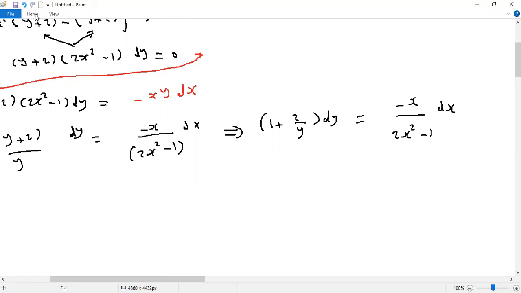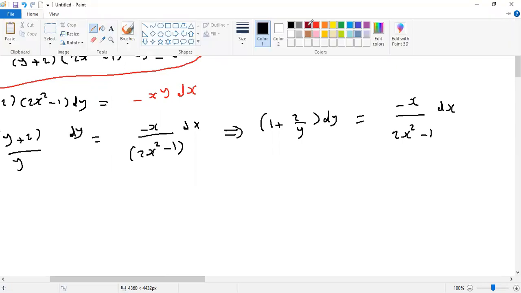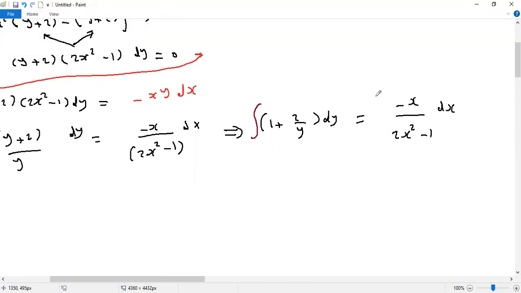Now take the integral of both sides: the integral of the left equals the integral of the right. The integral of 1 is y, because this is dy, plus 2 ln y. For the right side, the derivative of 2x squared minus 1 is 4x, and we have negative x, so multiply by minus 4 and divide by minus 4.